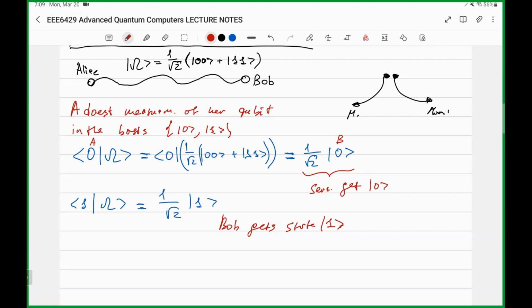And this email, of course, will fly from Alice's side to Bob's side with the speed of light. So you don't break the speed of light limit in the information transfer. You're still restricted by the speed of light.